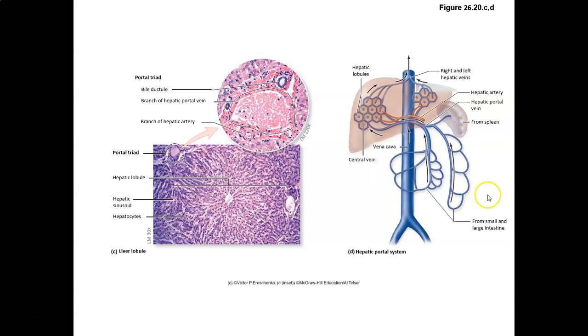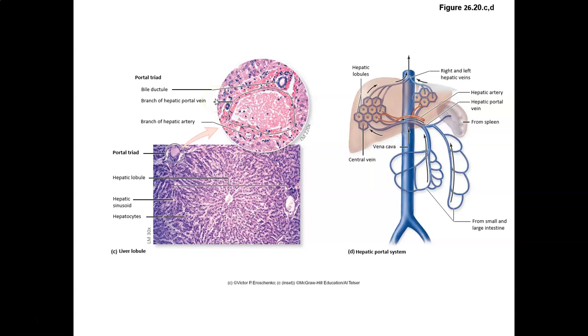So the liver is actually made out of many lobules. See here, many lobules, and in the middle of each lobule there is a central vein. So this is looking at one lobule. You can see a central vein in the middle, and then on the side of the lobule, you can see a portal triad.